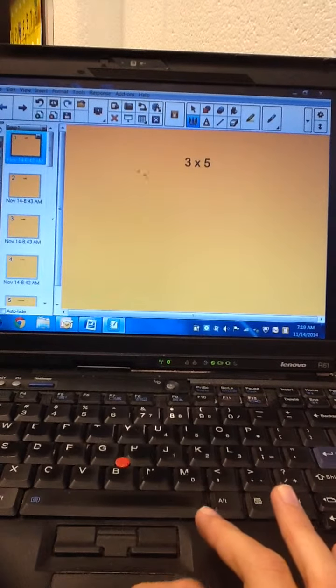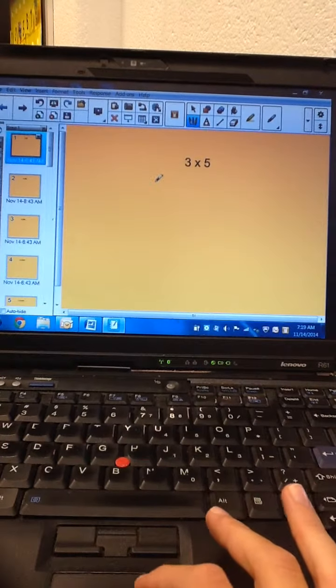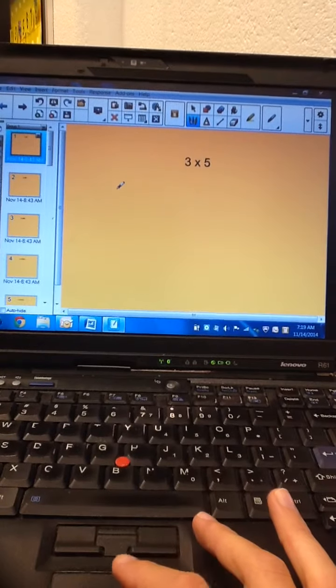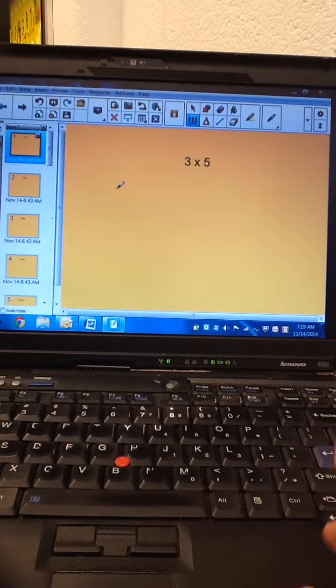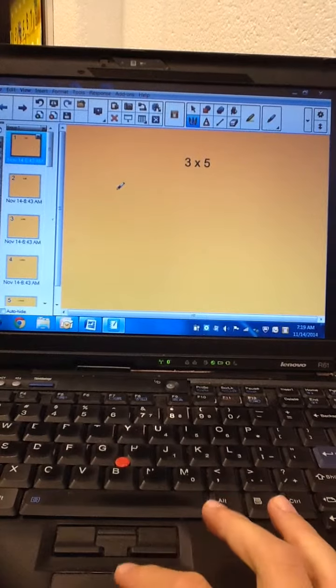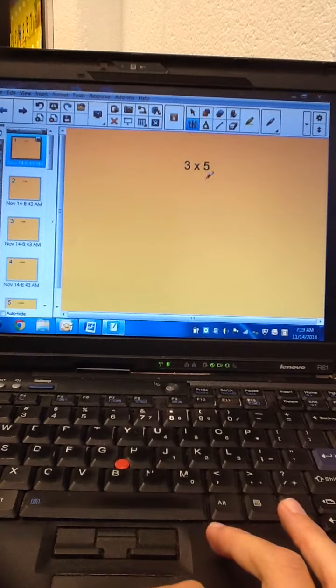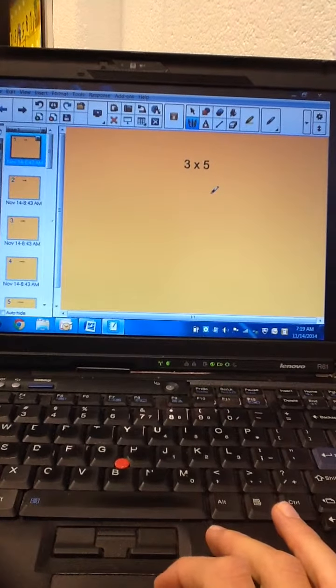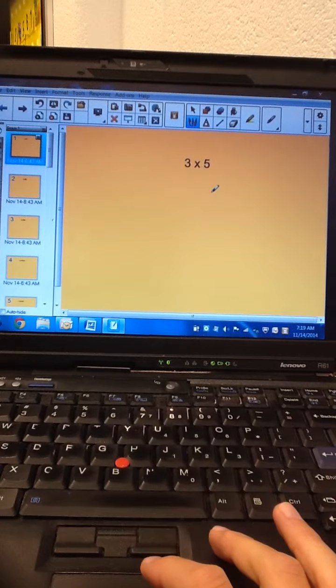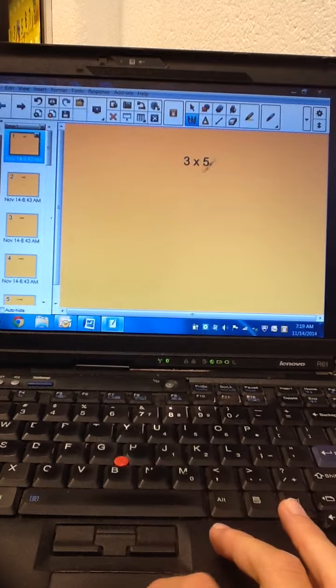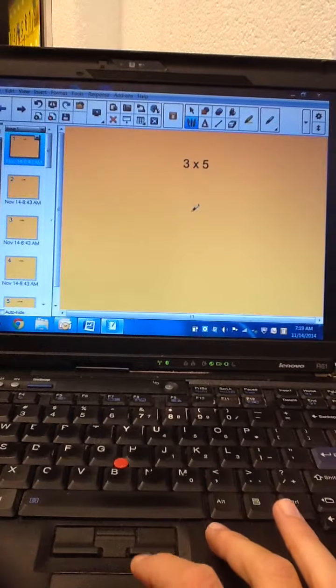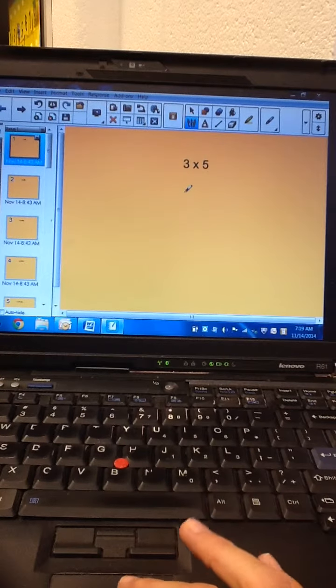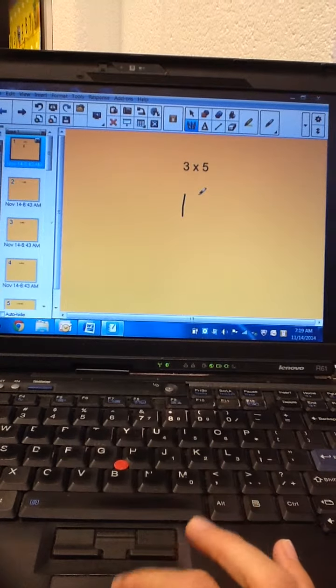We could draw a picture where we had 3 circles with 5 in each. We could skip count 5, 10, 15, or we could do repeated addition, 5 plus 5 plus 5. Some of these harder problems you may have to do that. But when we solve 5 times 3, we know that the answer is 15.